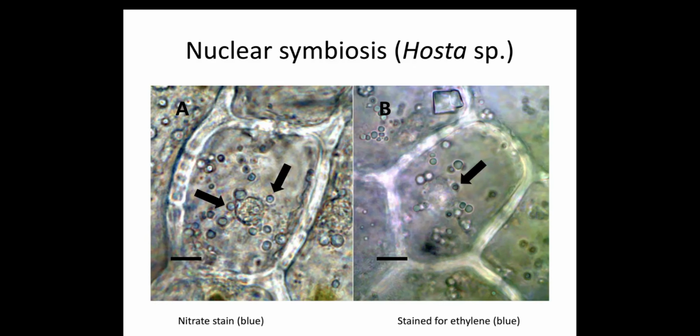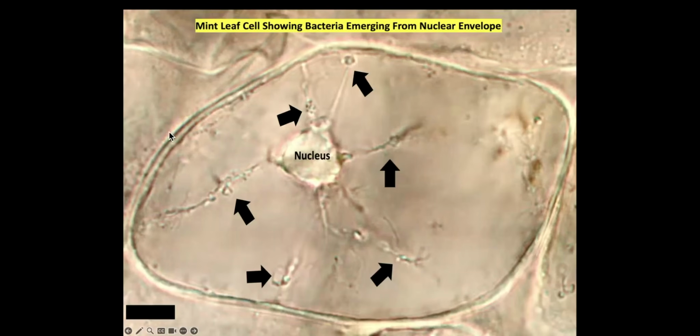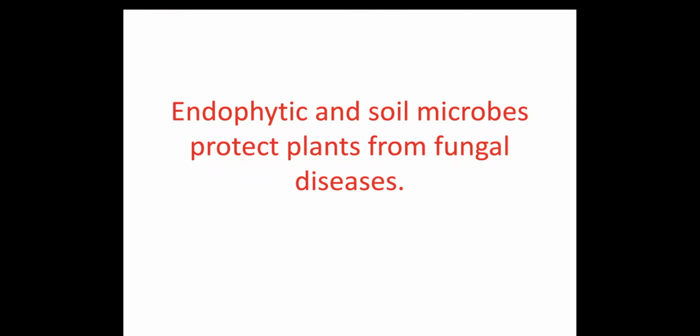But you can see these little dots coming out, those little vesicles, those are full of bacteria. Those little dots in the nucleus, you can see them here. Here's another one. Look at the bacteria. Here's the nucleus. They're actually coming out in little streams going through the cytoplasm over to the edge. It's a very dynamic kind of interaction.